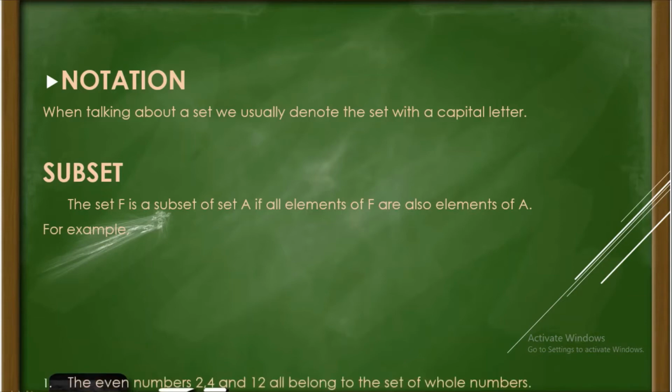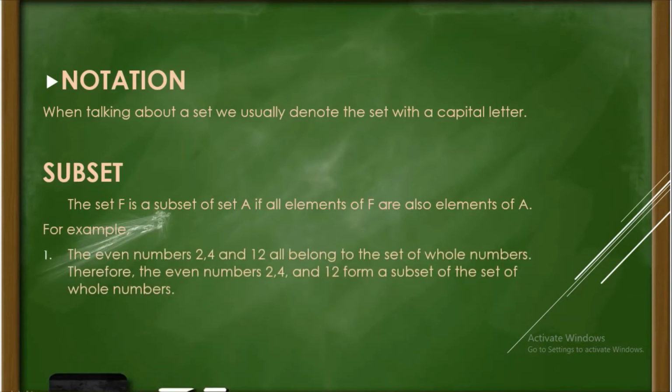For example, the even numbers 2, 4, and 12 all belong to the set of whole numbers. Therefore, the even numbers 2, 4, and 12 form a subset of the set of whole numbers. So, as we all know, 2, 4, and 12, ano talaga sila? Whole numbers sila. Set of whole numbers.